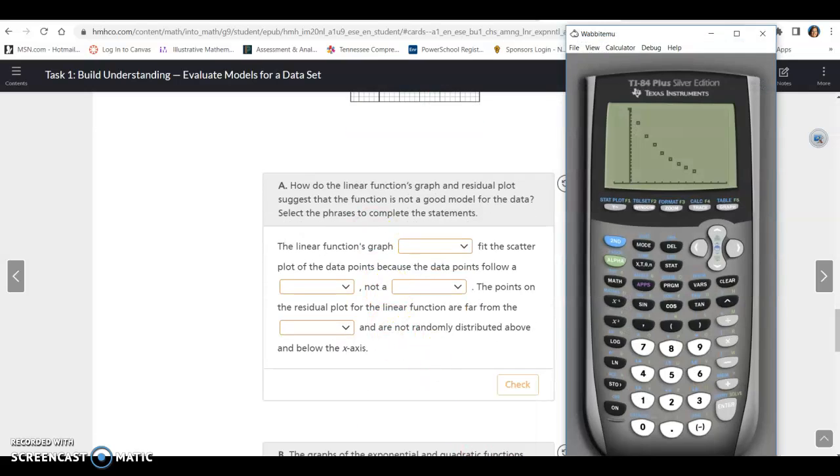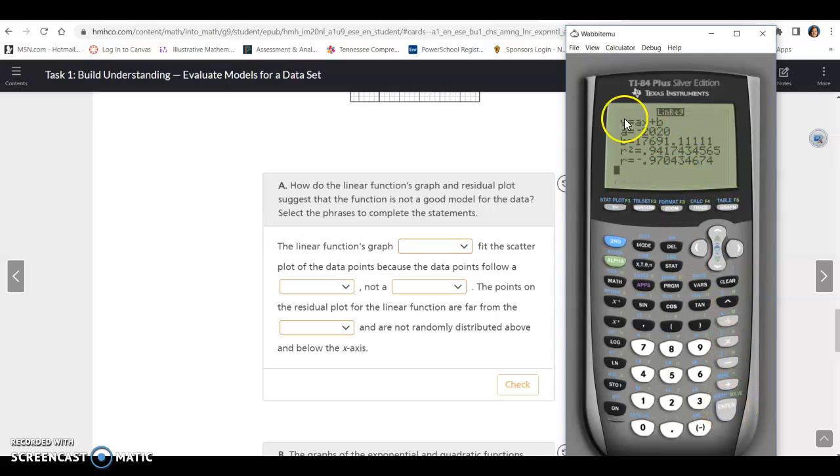Using your calculator. All right, if we want to find each model, I can hit y equals, but then if I go back to graph, I'm going to hit stat, calculate, and I can do linear, quadratic, and then exponential is on down a little bit further. Let's do linear first.